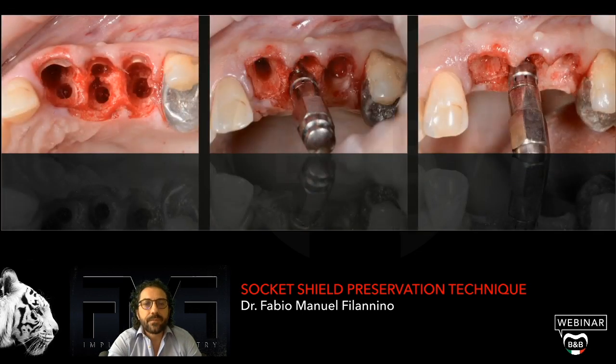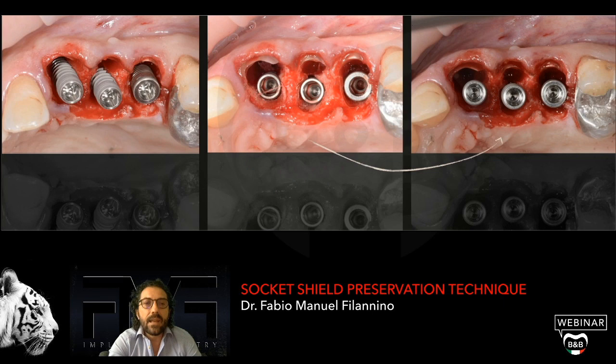And after that, I used the screw bone expanders on the canine and on the first premolar, and I used the osteotome technique on the second premolar to perform crestal sinus lift. And I was able, this was the second miracle, to insert the implants.